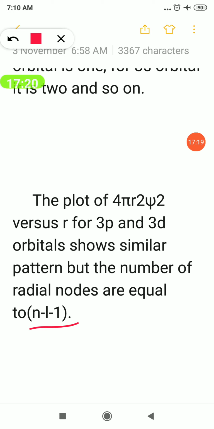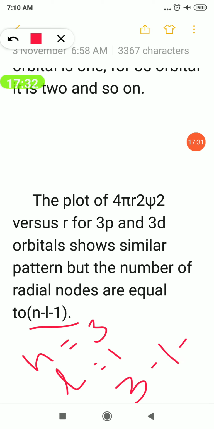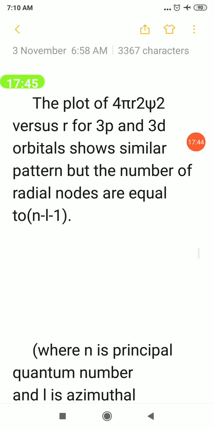How can we find it? For 3p, n is equal to 3, and l for the p orbital is equal to 1. Then the number of radial nodes will be 3 minus 1 minus 1, that is equal to 1. So for the 3p and 3d orbitals, the number of radial nodes is calculated using n minus l minus 1. Generally it is n minus 1, but for 3p and 3d orbitals it is n minus l minus 1.